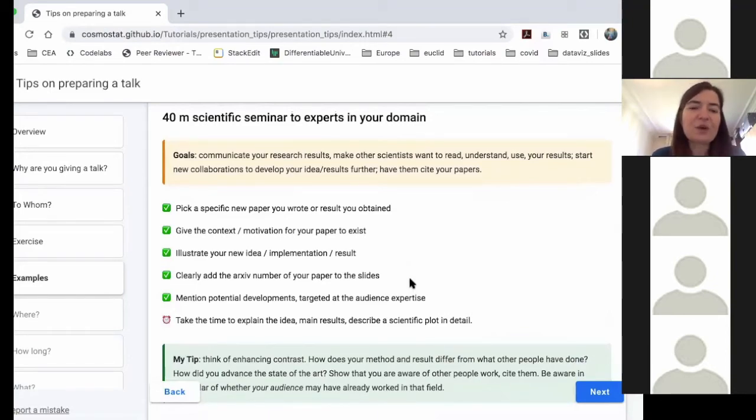So what I would do, I would pick a specific new paper or a specific result that you have obtained. I would give the context, the motivation for your paper to exist in the first place. And then I would illustrate the new idea, maybe a new implementation, a new result. I would clearly add the arXiv number of your paper to the slides so that people can look at it and can cite it.